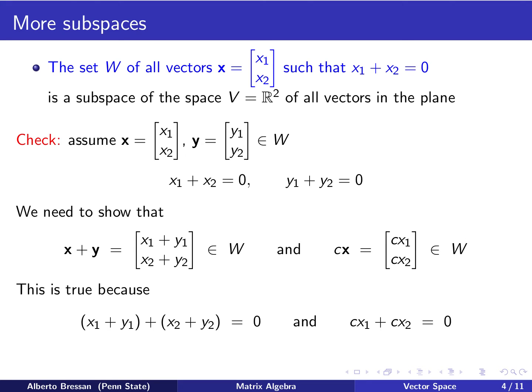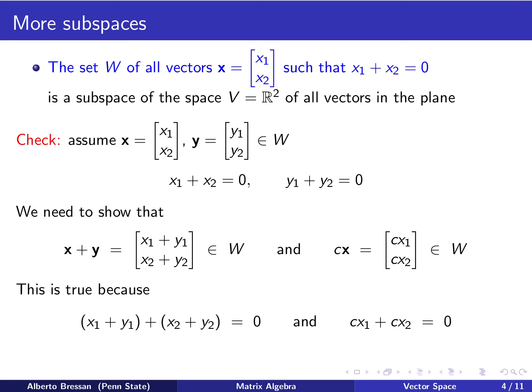Let's check the first one. Is x plus y in W? Well, we need to check if the sum of the two elements is 0. So the first element plus the second element shall add up to 0, which is true because x1 plus x2 is 0 and y1 plus y2 is 0, and therefore it's 0.